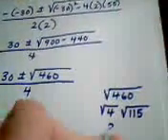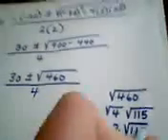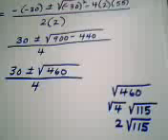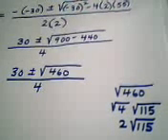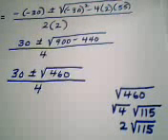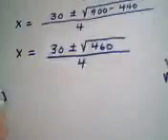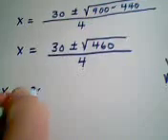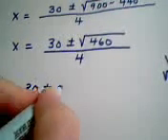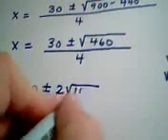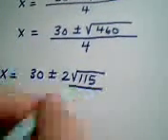That becomes 2 times the square root of 115. One of the best ways to figure that out is to just go ahead and use your calculator to figure out the largest perfect square that divides into 460. So we have x is equal to 30 plus or minus 2 times the square root of 115 all over 4.